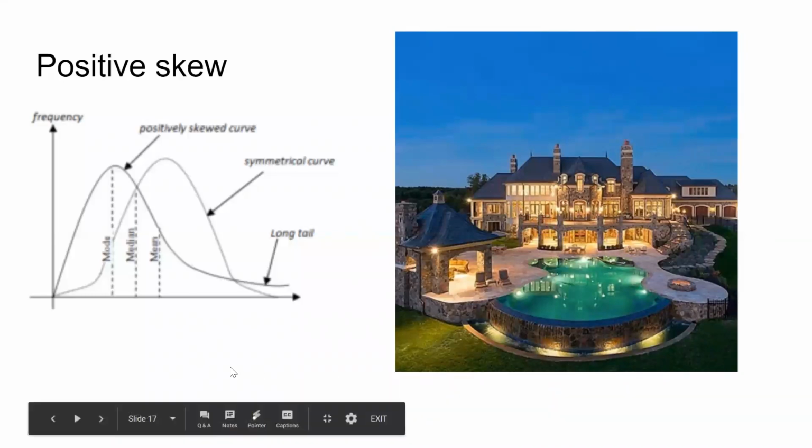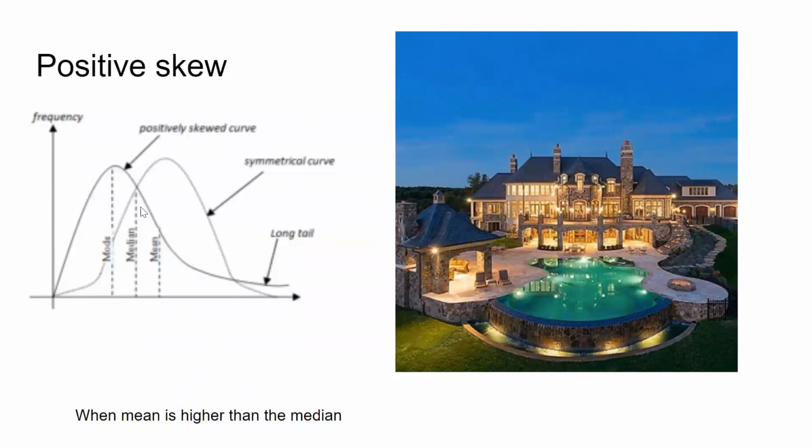Okay, so how could we think about this? Think about your neighborhood. Maybe most houses are, I don't know, $150,000, depending on where you live, just medium-sized houses. But you have this one huge mansion in your neighborhood. That pulls the mean to be higher than the median.